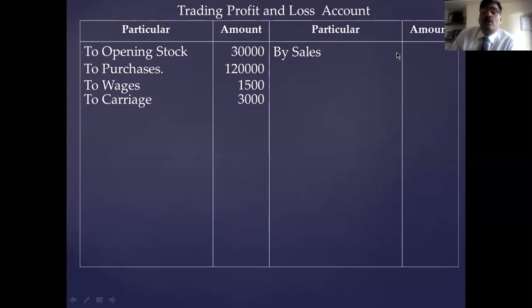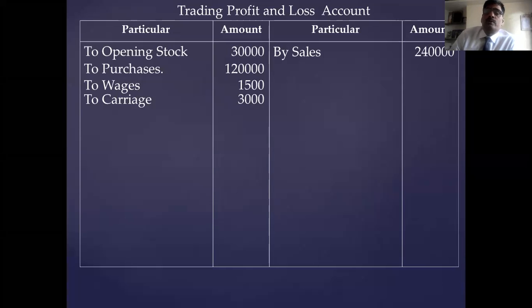Total sale is given in the problem. You take the total sale. Or you take cash sale from the cash book, then take credit sale from the debtors account, take the total, less the returns. That is the procedure. You may follow, no problem.